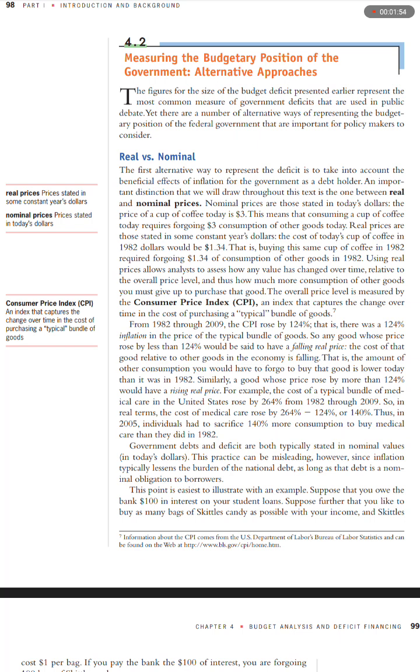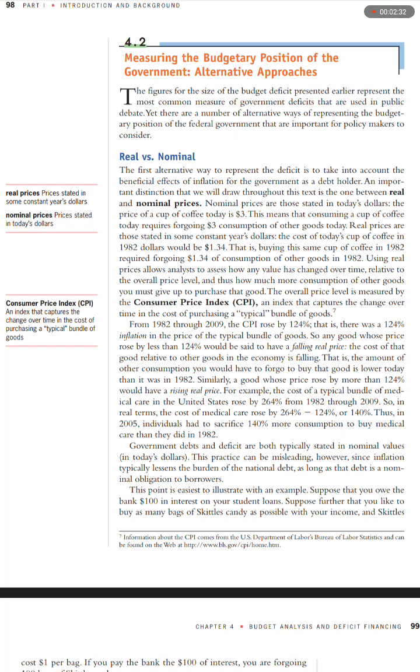Using real prices allows analysts to assess how any value has changed over time relative to the overall price level, and thus how much more consumption of other goods you must give up to purchase that good. The overall price level is measured by the Consumer Price Index, CPI, an index that captures the change over time in the cost of purchasing a typical bundle of goods.